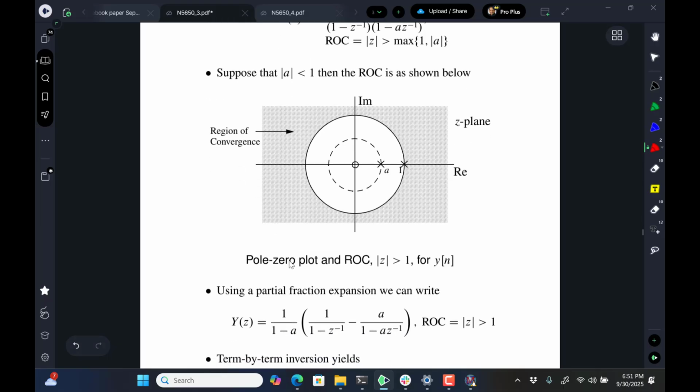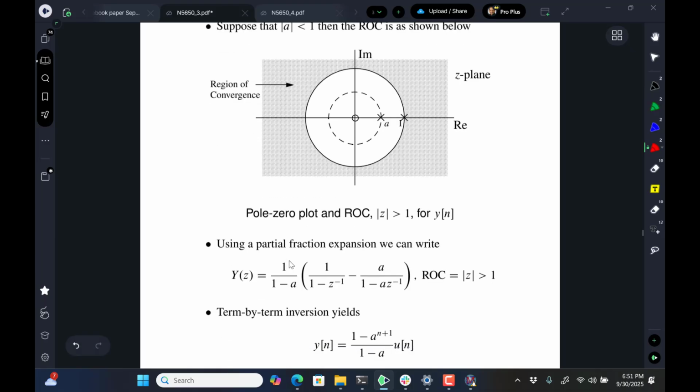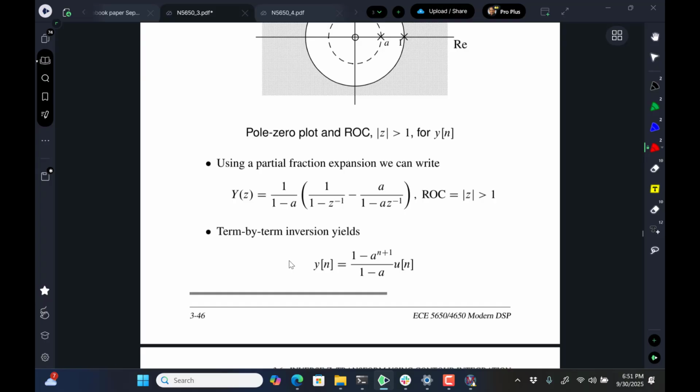We have the region of convergence as the exterior, for the causal case, of a circle of radius 1 because of the unit step, and then we have two terms in the inverse z transform. We saw this is the exponential response when we convolve the step function with the a to the n u of n. Remember we saw this earlier.